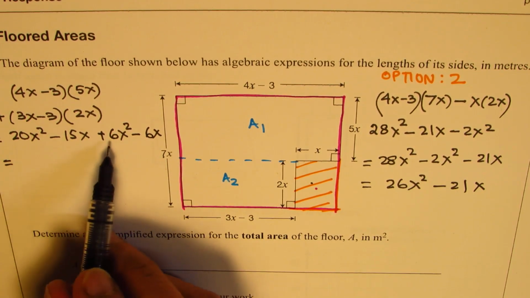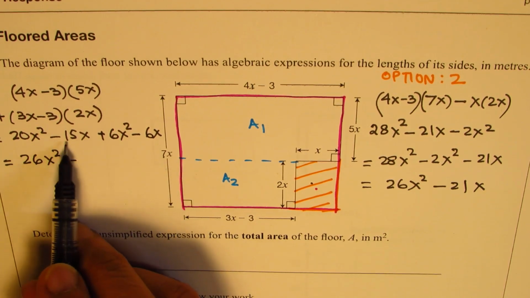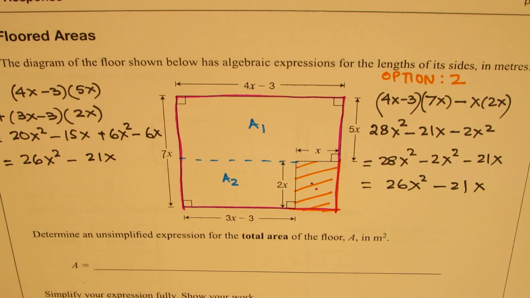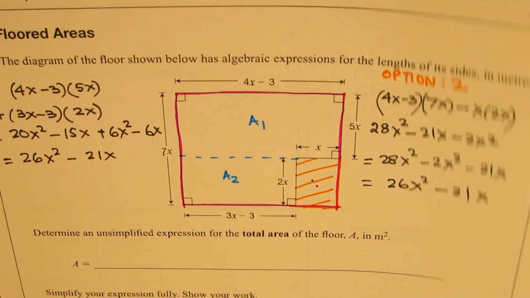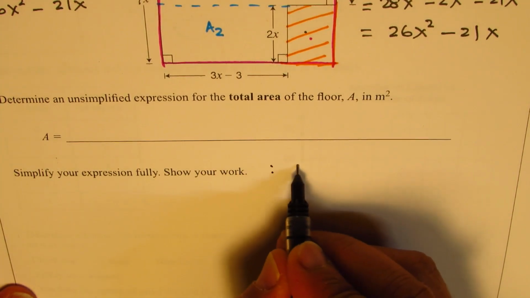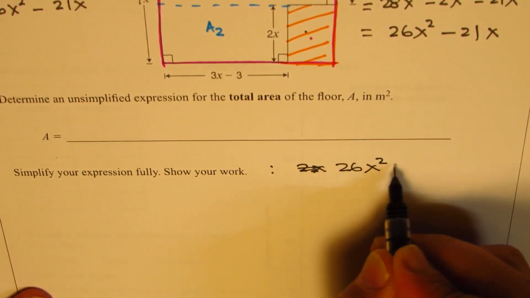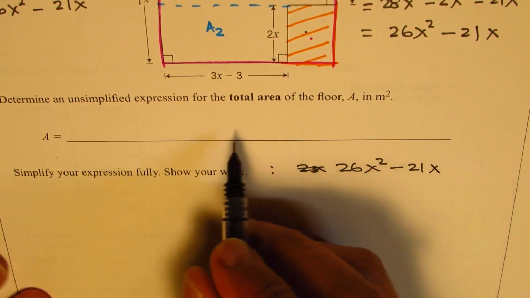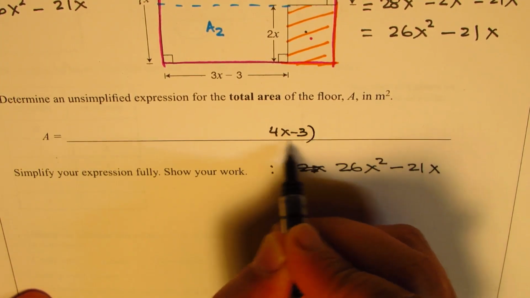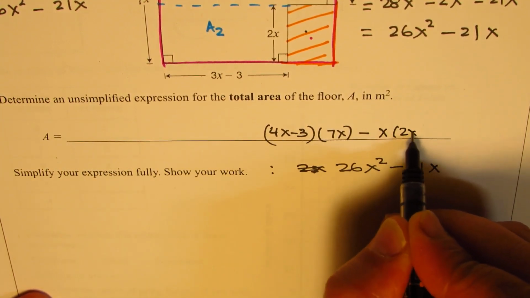Now 20x squared plus 6x squared is 26x squared, and minus 15 and minus 6 gives you minus 21x. So we get the same expression. So you could write the simplified expression as 26x squared minus 21x. And for the unsimplified expression, either one of them works, but I'll prefer to write 4x minus 3 times 7x minus x times 2x.